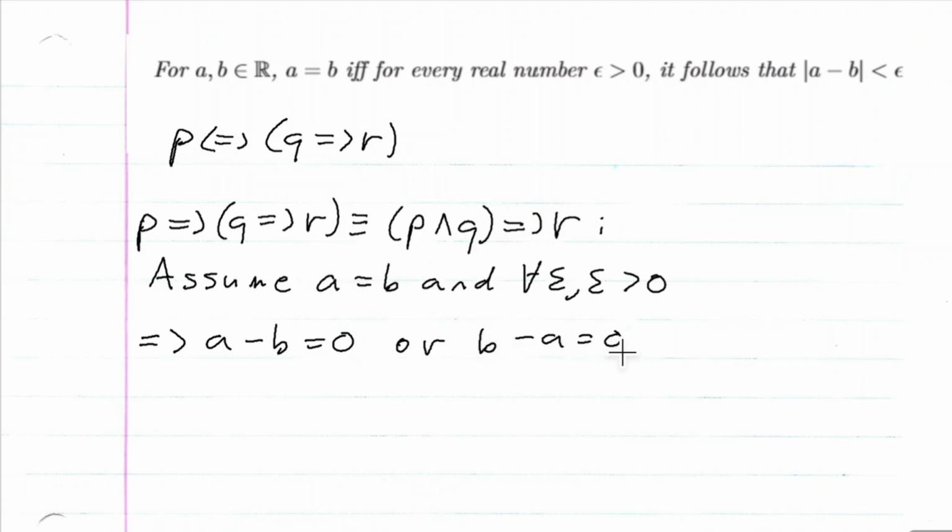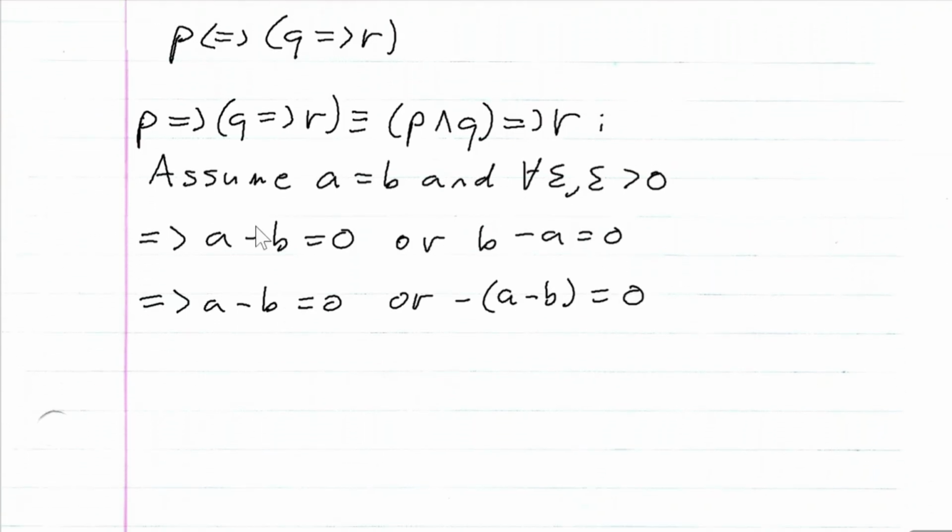This gives us that A minus B is equal to 0, or negative A minus B is equal to 0. Notice that B minus A is the same as negative A minus B, because negative times A is negative A, and negative times negative B is positive B.